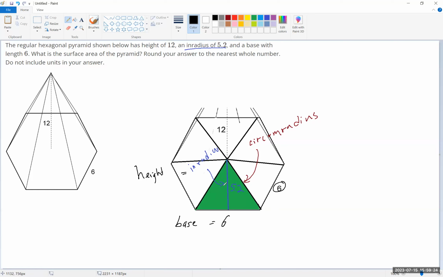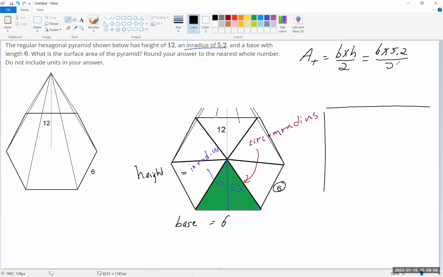And so the first part, and why don't we do the work over in this corner, is the area of that green triangle is base times height over 2 or 1/2 base times height, whichever you prefer. So the base is 6 and the height is 5.2.